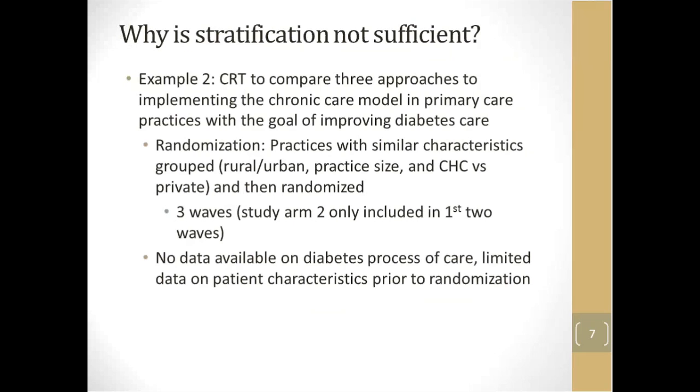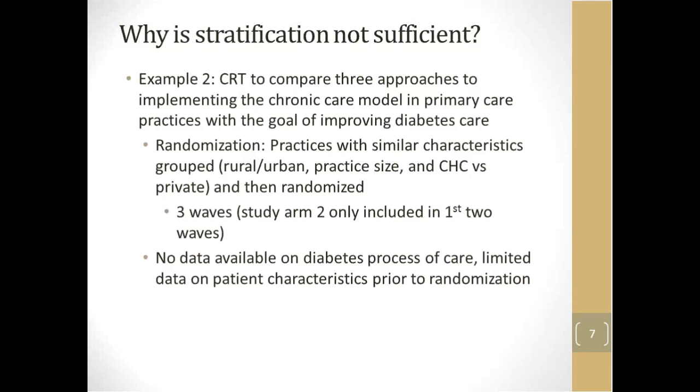There were not complete cells across all the characteristics that we wanted to use for stratification, but basically we grouped practices with similar characteristics in terms of whether they were rural or urban, practice size, and then community health center versus private. And then within these groups, they were randomized.